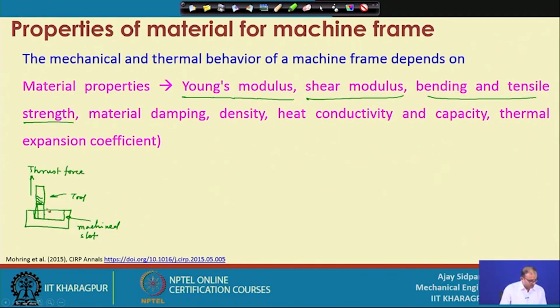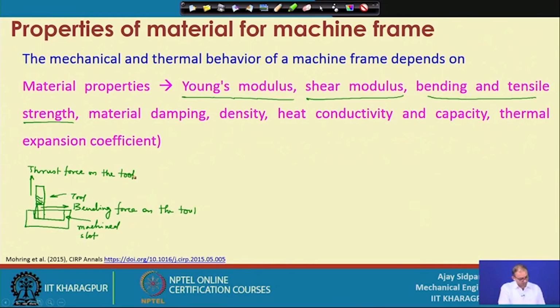and once you penetrate inside, then what you do? You make a movement in this direction. So, now the thrust force action is over once it reaches a particular depth, and then you are going in this direction. So, then it is a bending force, and thrust force on the tool, correct.